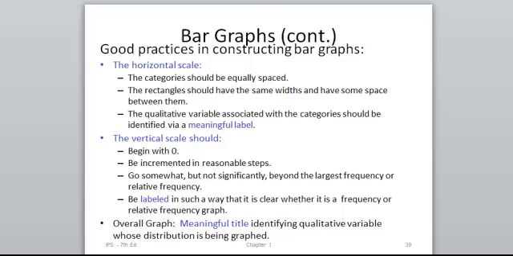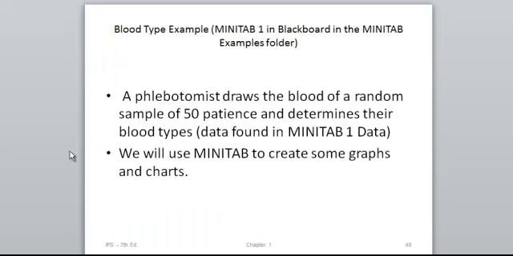So here we have our phlebotomist example. A phlebotomist draws the blood of a random sample of 50 patients and determines their blood types. We will use Minitab to create some graphs, and this data is found in the file that says Minitab examples. So we go onto Blackboard and we'll get the data.